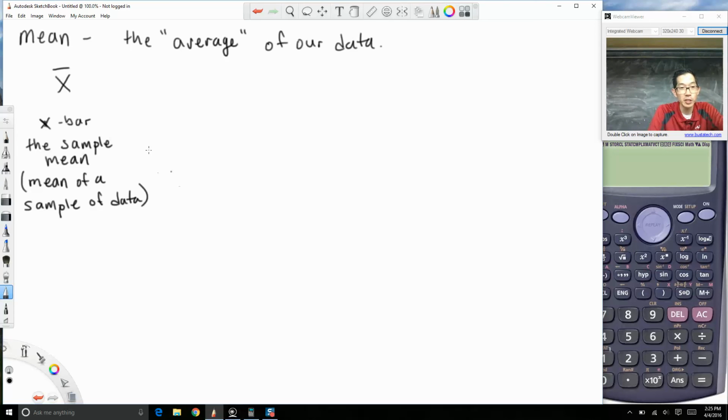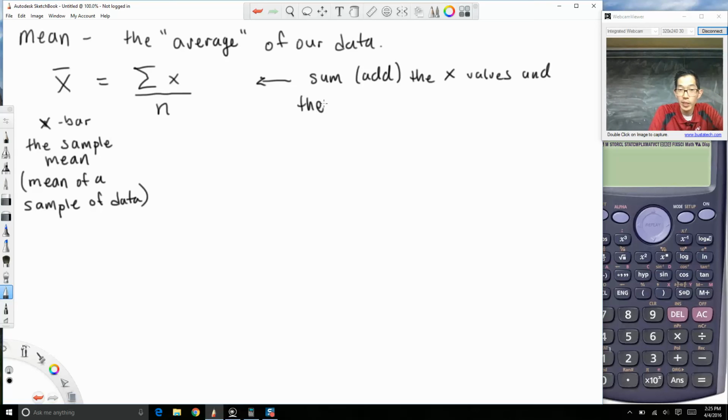But we have X bar, the mean of our sample, and the way we calculate this is sum of X divided by N. So this just means add the X values, and then divide by N.